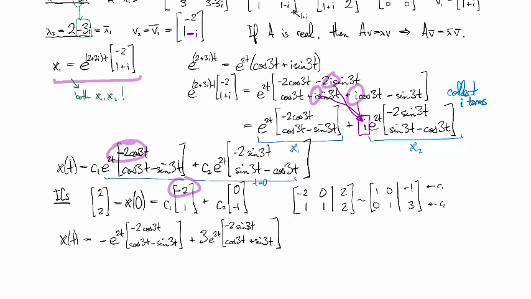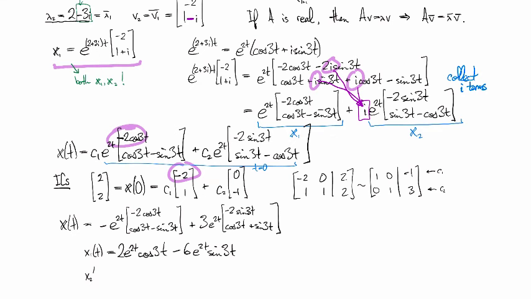And from that, we can see that x1 of t is 2e to the 2t cosine 3t minus 6e to the 2t sine 3t, and x2 is, let's see, so I'm going to have minus 1 of them and plus 3 of them, so I'll have a grand total of 2 of them, 2e to the 2t cosine 3t, and then I'll have positive 1 sines, and then so total of 4.